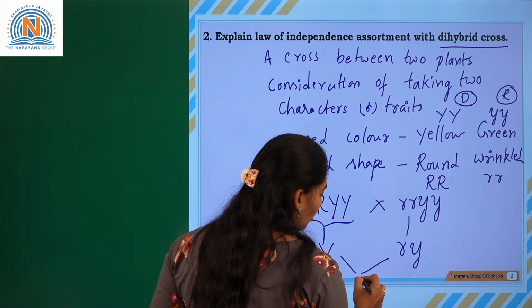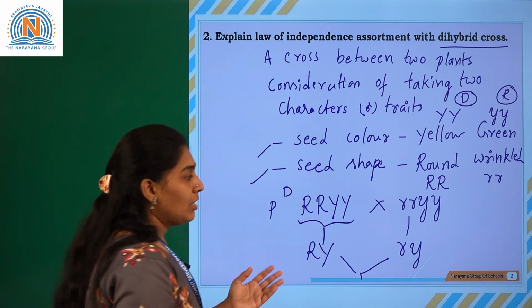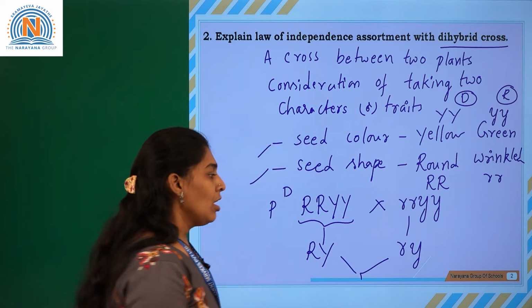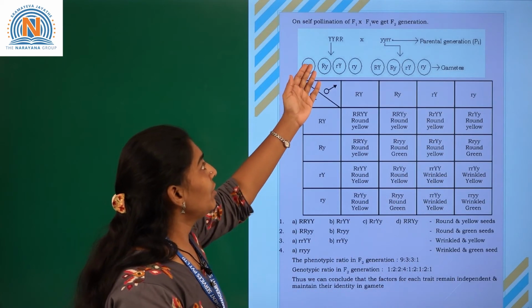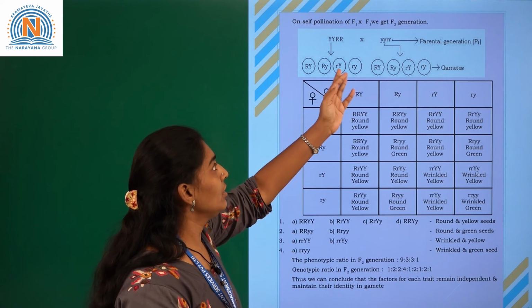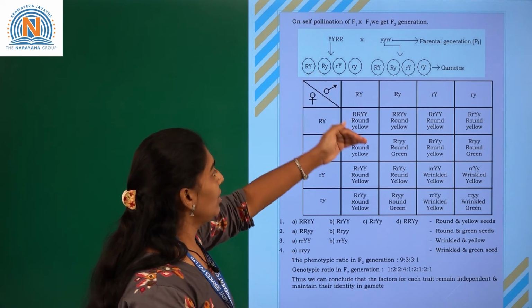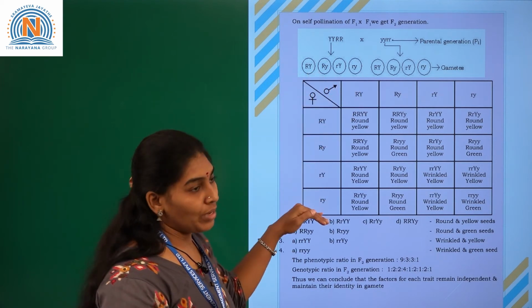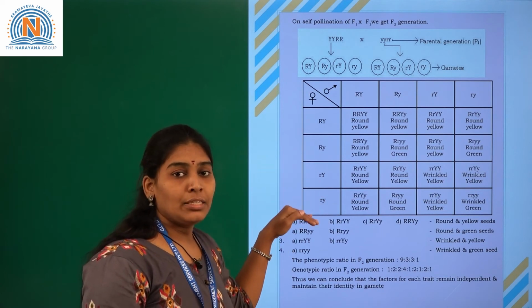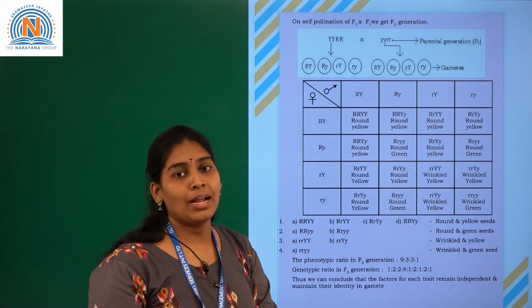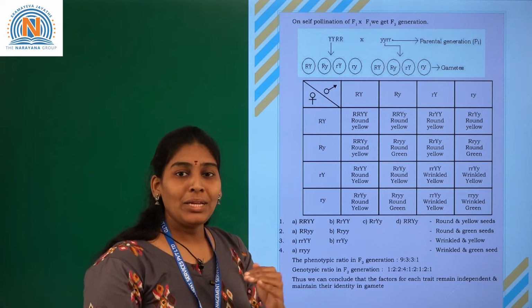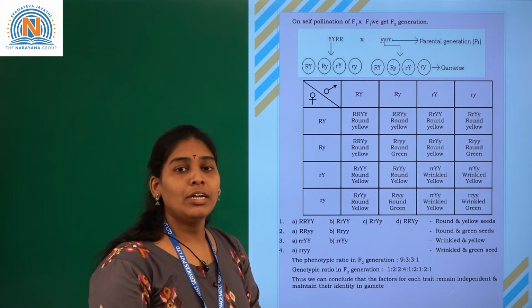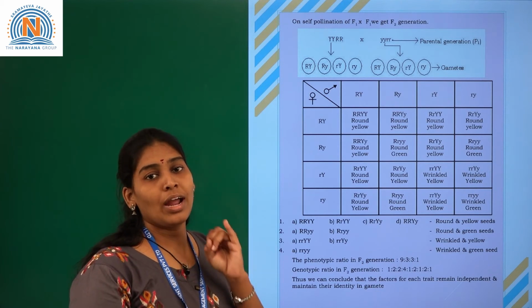After cross pollination, we get the F1 generation: capital R, capital Y and small r, small y. All the plants in the F1 generation, 100%, express dominant characters, which are round and yellow.